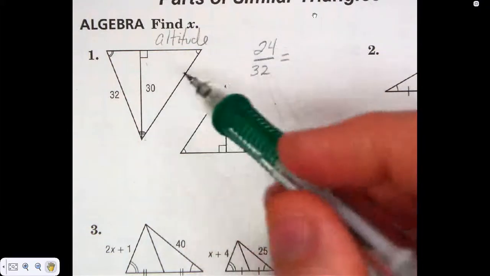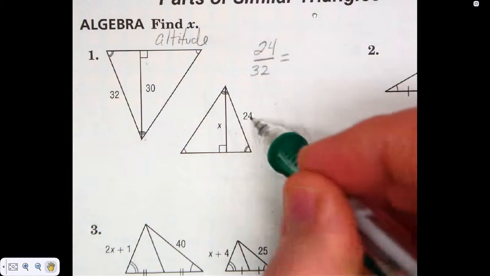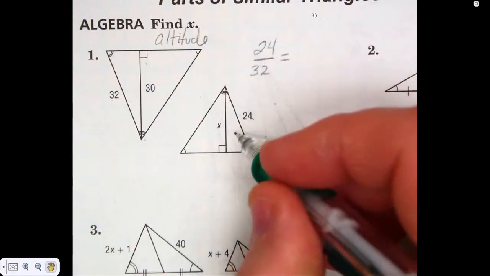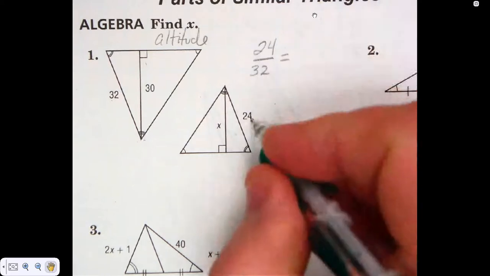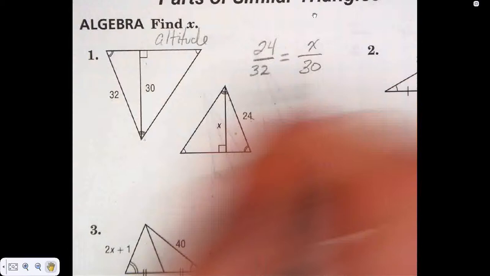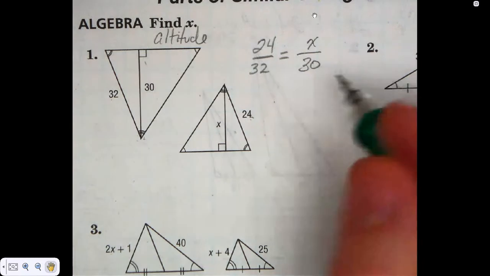So the ratio of the altitudes is the same as the ratio of the sides. If I go 24 over 32, what do I need to do with the altitudes? Equal to, well, I did the 24 on top, so I need to put the x over 30. Questions? Does everybody see the logic and how we got to that? You can add corresponding altitudes to your list of things that are proportional to the corresponding sides.